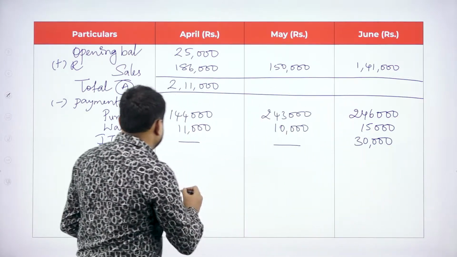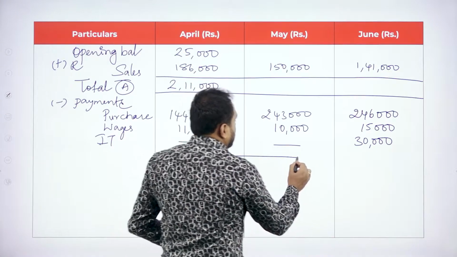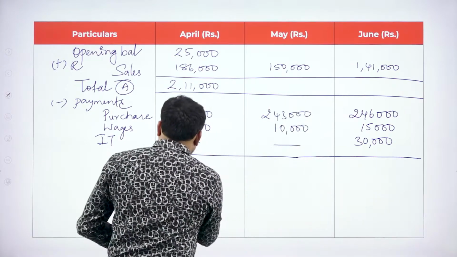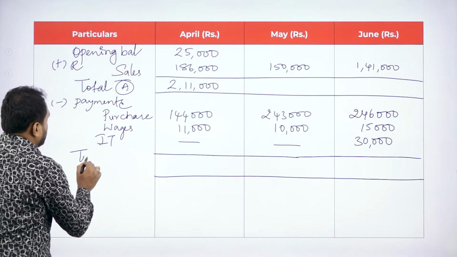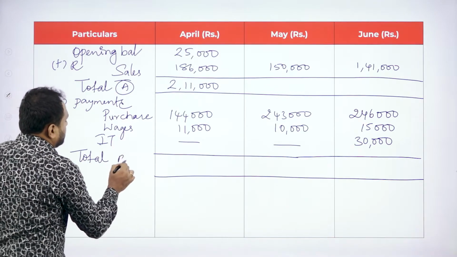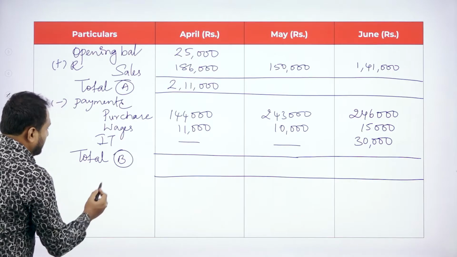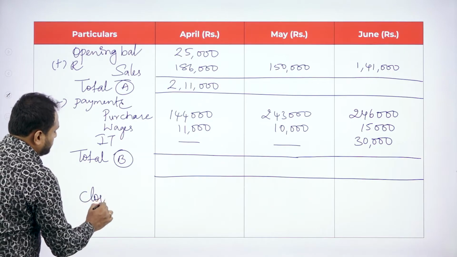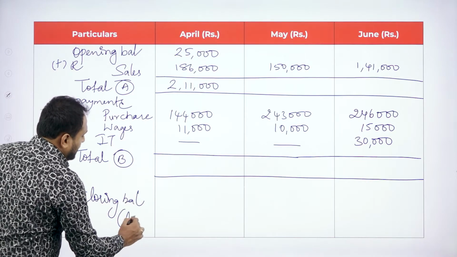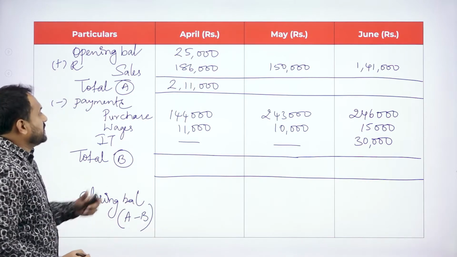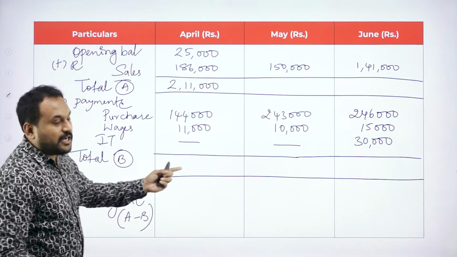So we have taken each and everything properly. We'll again go with it. And what is this called as? This is called as total of B. Now something we have is closing balance, which is A minus B. That is your receipts minus your payments.